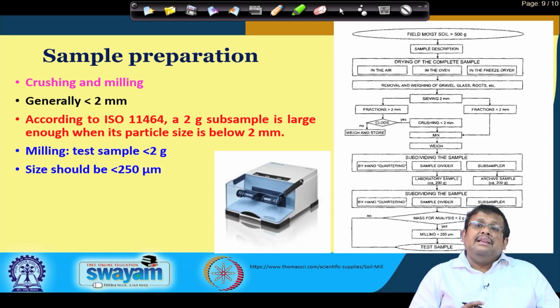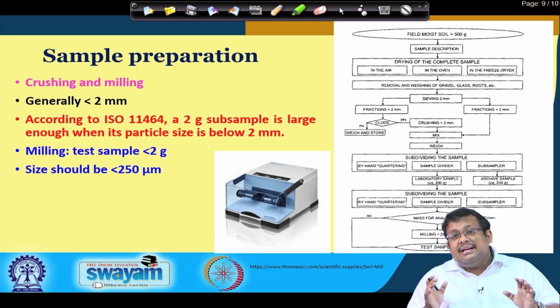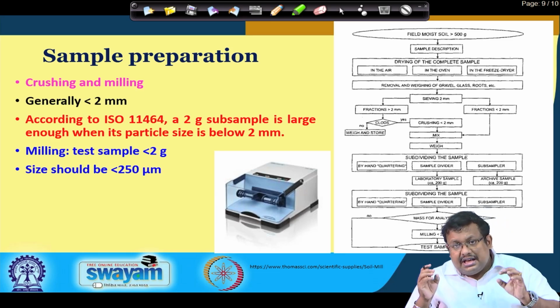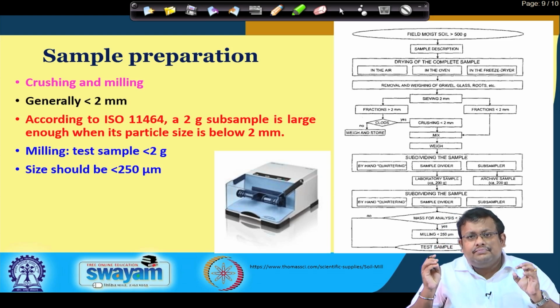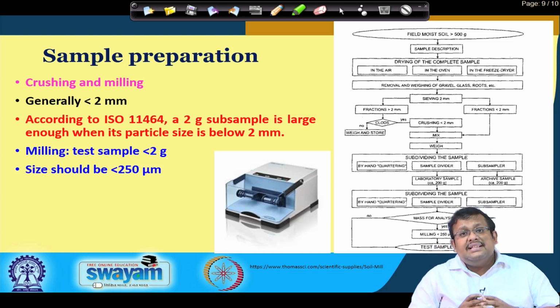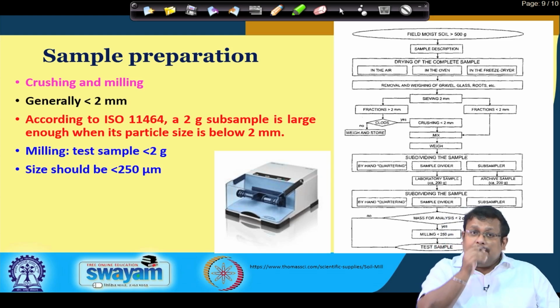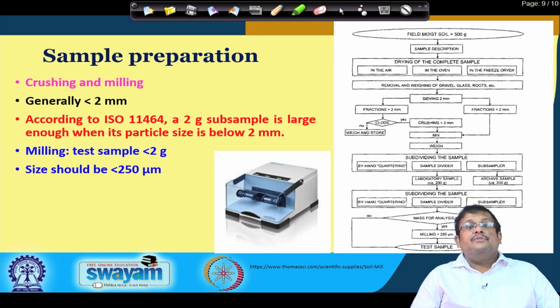Now, crushing and milling generally is done for keeping the particle size of less than 2 millimeter. According to ISO 11465, a 2 gram subsample is large enough when the particle size is below 2 millimeter.